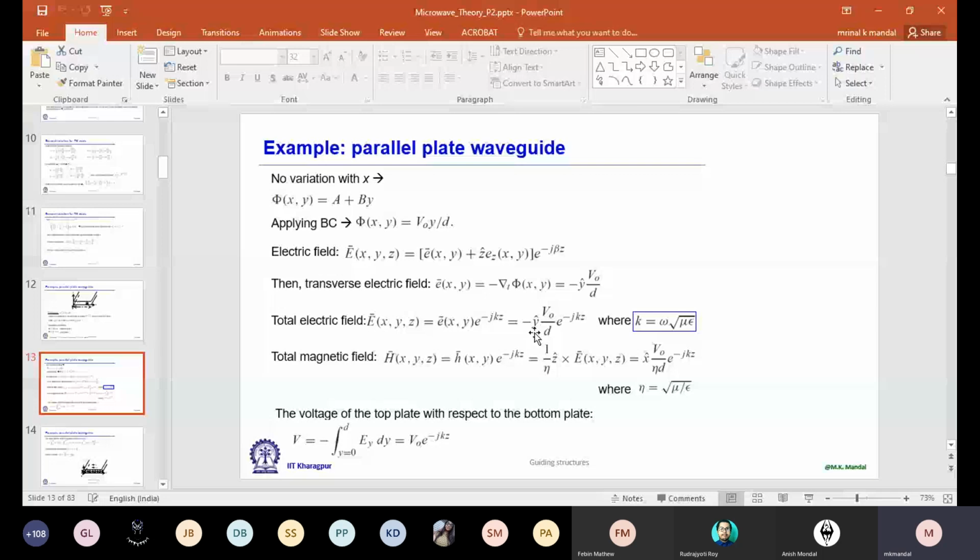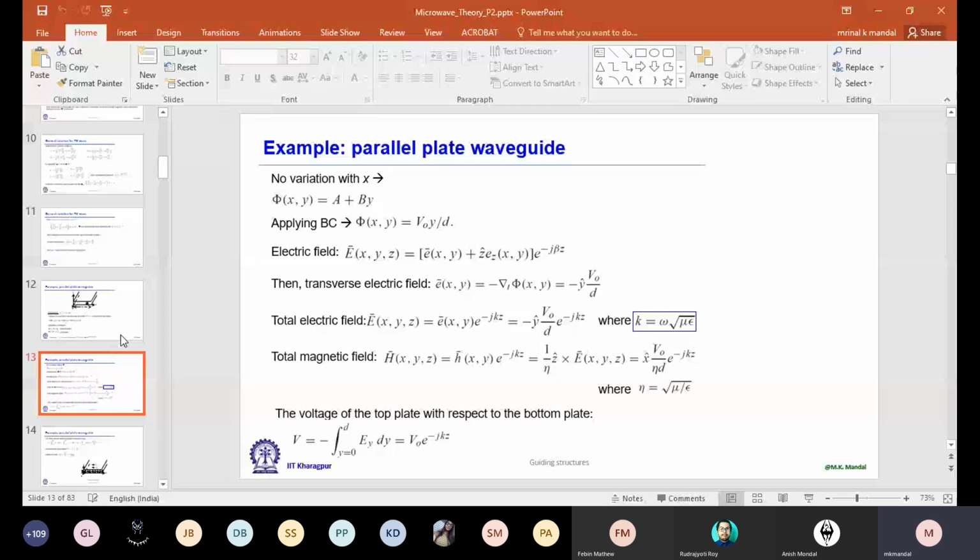Now what about the direction? It is z cap cross y cap with a negative sign. So it becomes basically x directed. So we have solved it using this simplified approach.